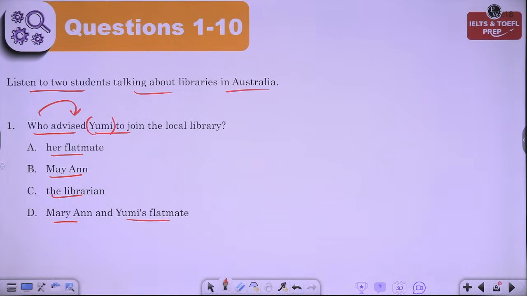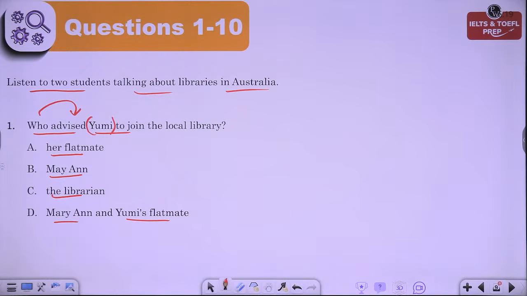What's wrong, Yumi? You look very serious. Oh, hi, Marianne. I've just been given the assessment guide for law, my major, and there are lots of assignments. You'll be spending a lot of time in the library then. That's my problem. I don't know anything about libraries in Australia. Oh, don't worry about that, Yumi. Librarians here are really friendly, and most of them are extremely helpful.